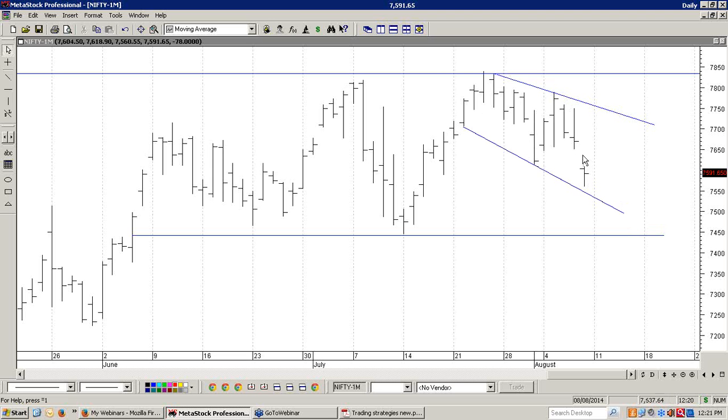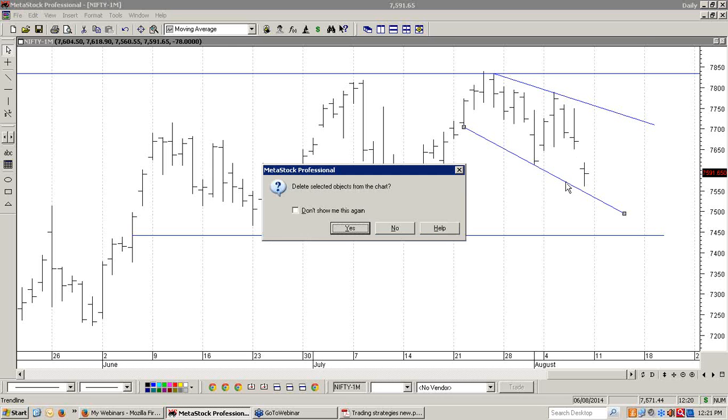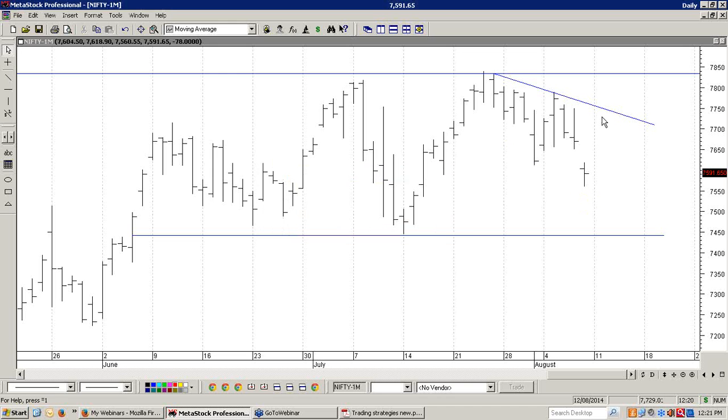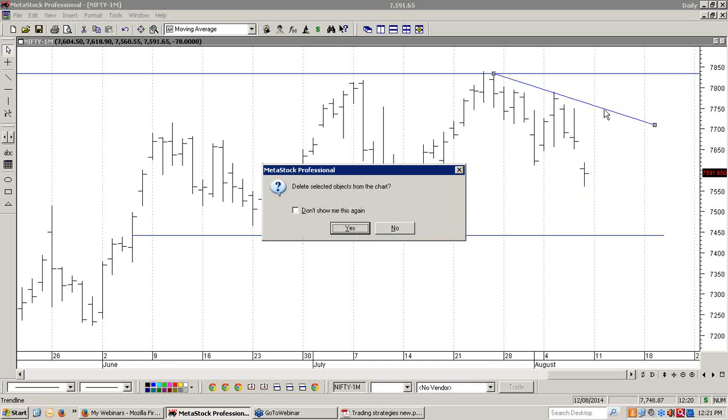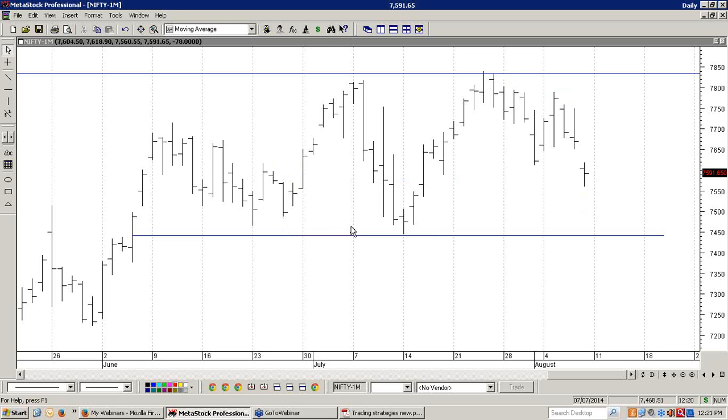You can also see there was a huge gap down opening in yesterday's trade, which shows that the market is taking its cues from the international markets, and the international or the SGX markets are affecting the markets to a very great extent.